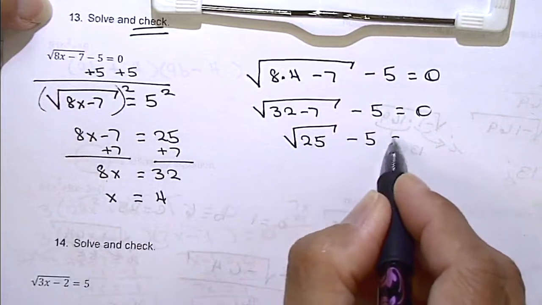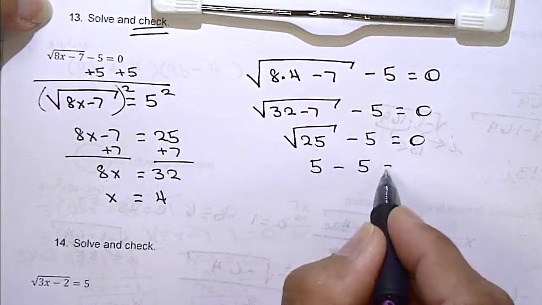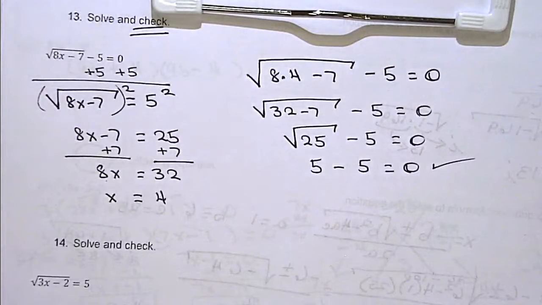The square root of 25 is 5. And when I get here, I'm done. 5 minus 5 is equal to 0 is a true statement, right? So our solution of 4 worked. You good with that? This is simple compared to what we've been doing, isn't it?